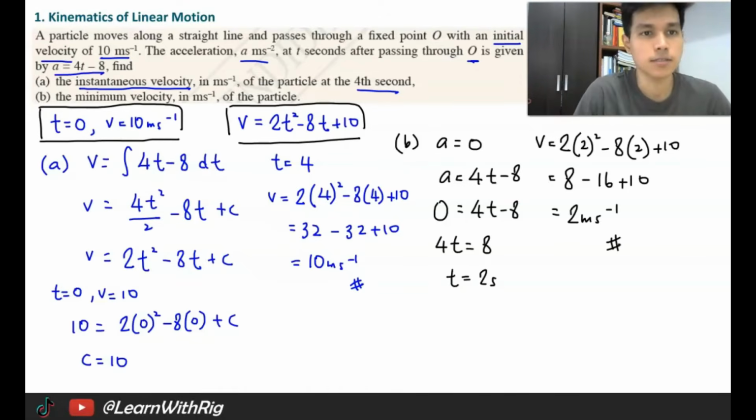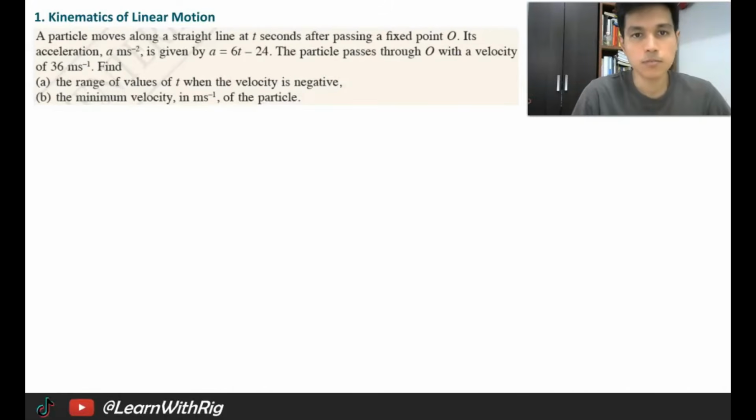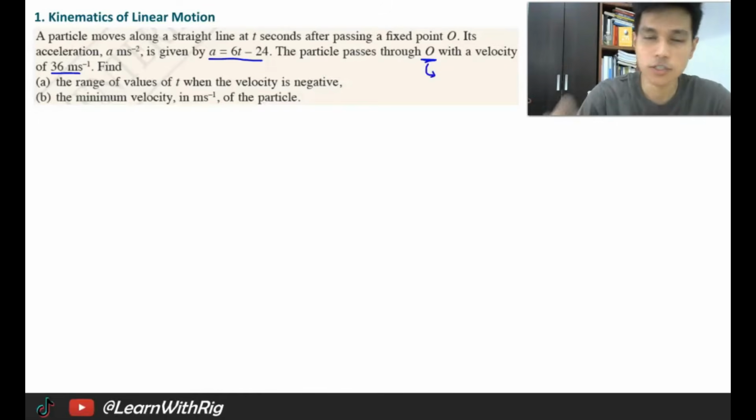Alright, next. A particle moves along a straight line at t seconds after passing a fixed point O. Its acceleration, okay, so they gave you the acceleration function. The particle passes through O with a velocity of 36 meter per second. So what does this mean? They said that when the particle passes through O, it is the original position, or you can say the starting point.